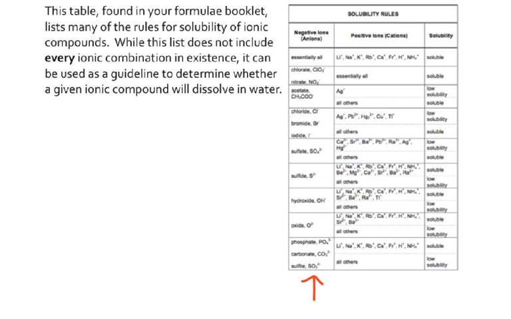But in an ionic compound, the negative ion is always written second, so we kind of have to work a little bit backwards. Once we do that, we match up which positive ion it's paired with. Some will have a list and some will have all others. Then we just look across and see, is that soluble or is it not?